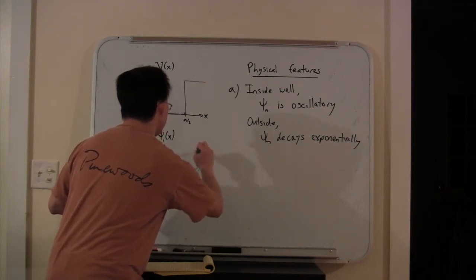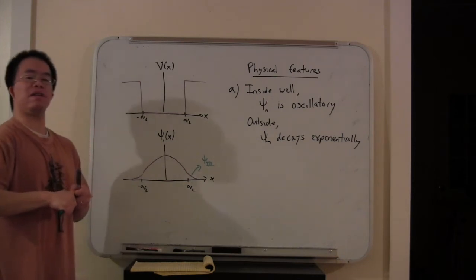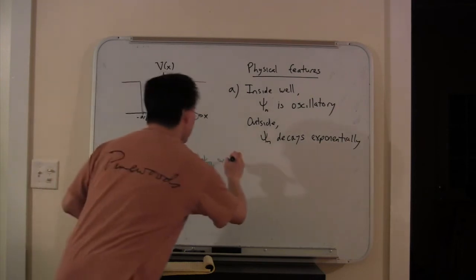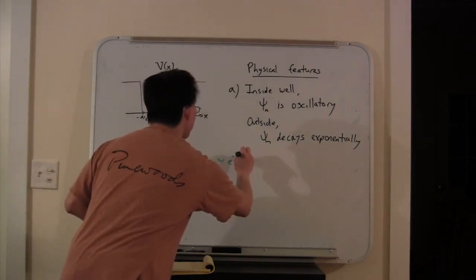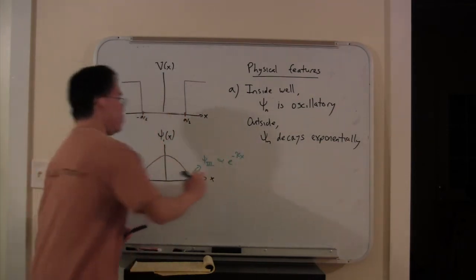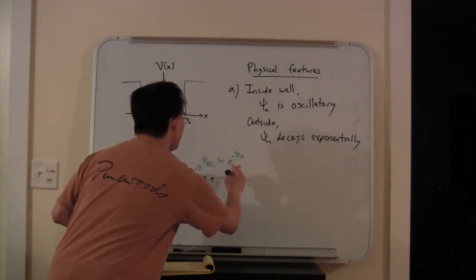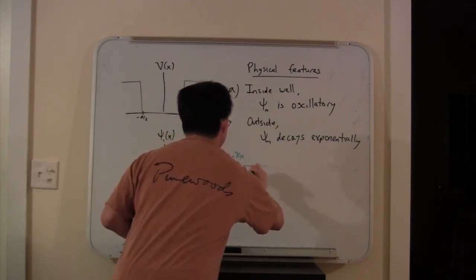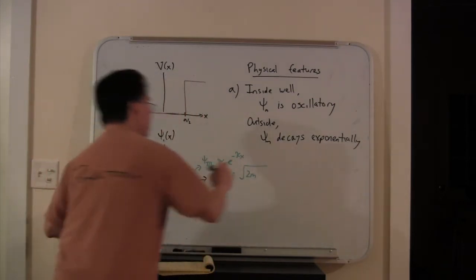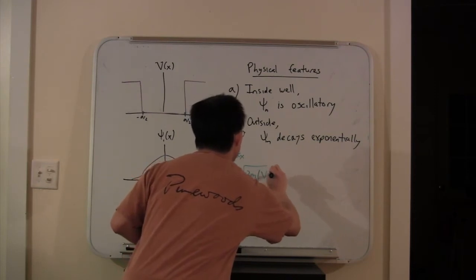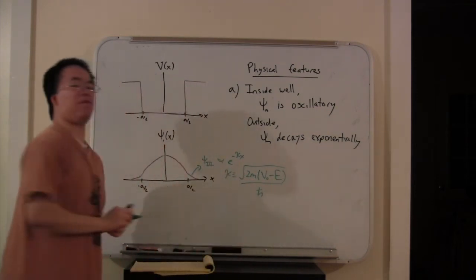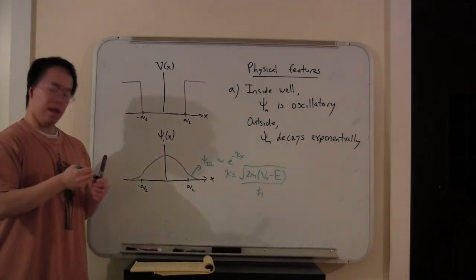So here we had already psi 3 proportional to e to the minus kappa x, right, and we had defined our kappa to be root 2m (V naught minus E) over h bar, right?